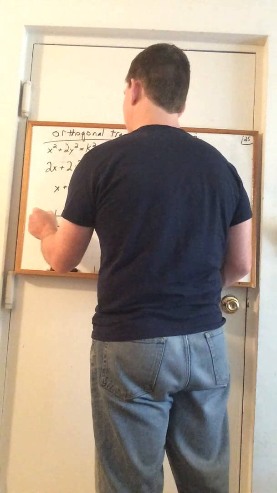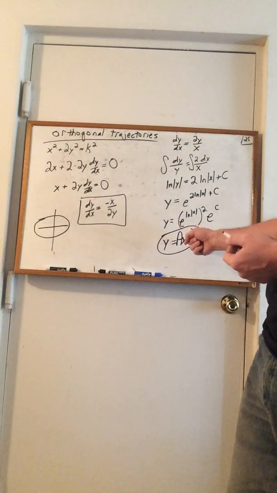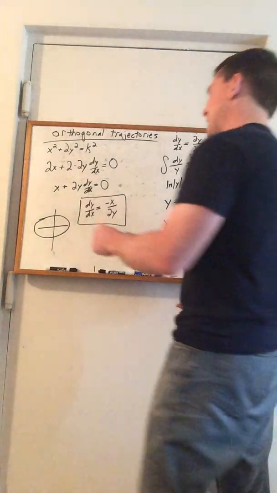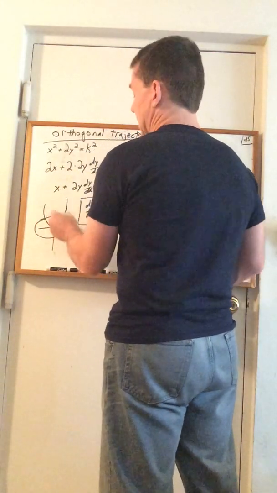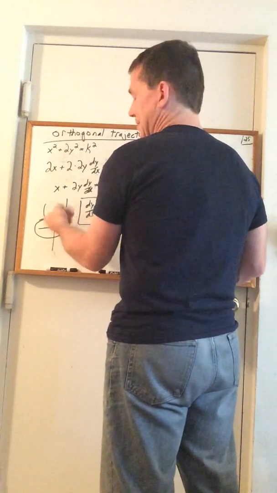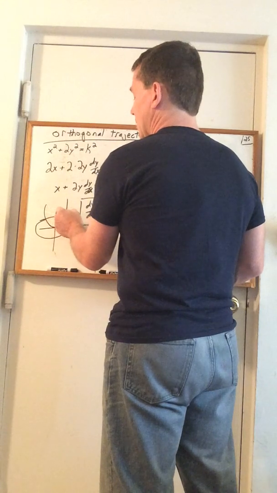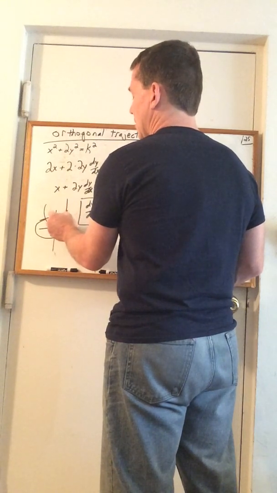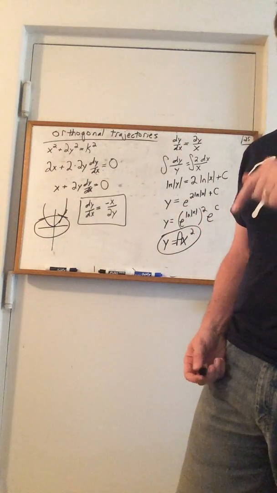Up to my ability to draw, that's one of the ellipses in the family. Over here, these are quadratics centered at the origin, which means they would look like this. And the idea is, again, this is a rough sketch, right here where they intersect, the slope here goes that way, the slope here goes that way, and those two slopes are perpendicular, and that's the idea.